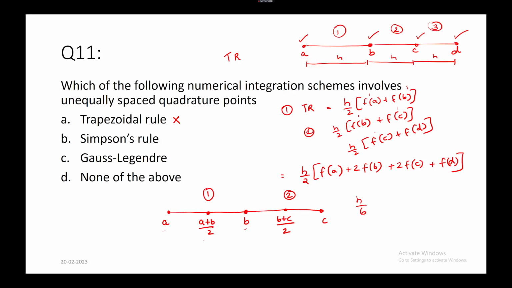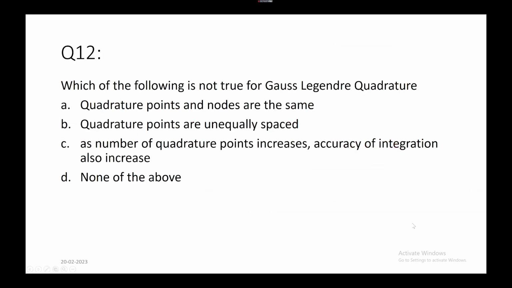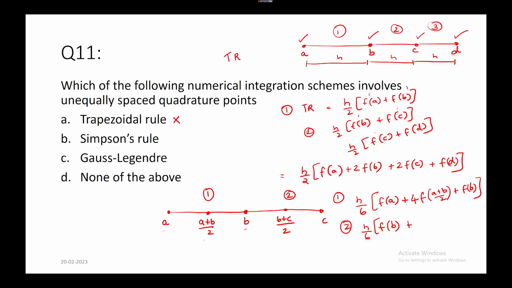So it will be h by 6 into f of A plus 4 times f of A plus B by 2 plus f of B. For the second, it will be h by 6 into f of B plus 4 times f of B plus C by 2 plus f of C.